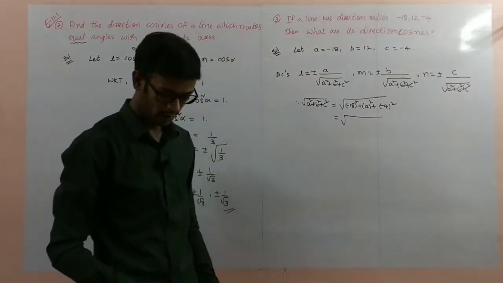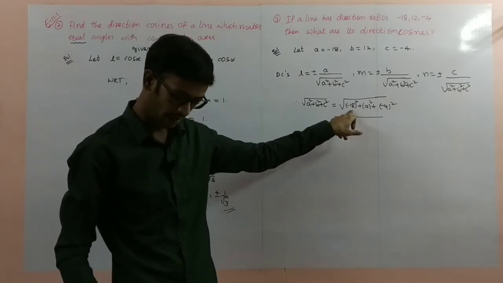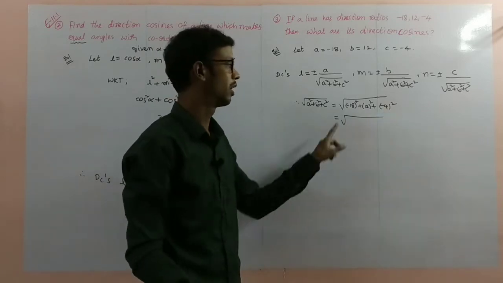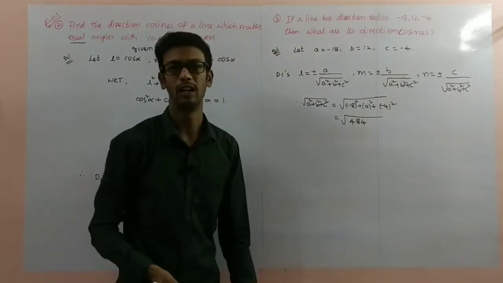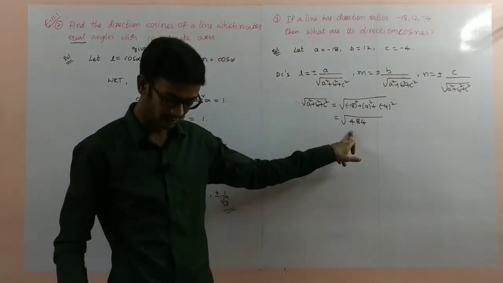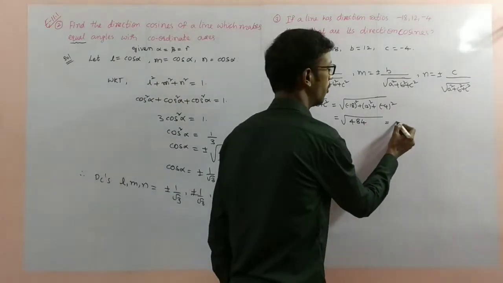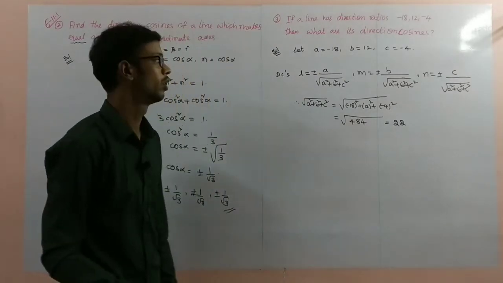Minus 4 square. So how much will you get here? 18 square plus 12 square plus 16. Total it will become 484. If you simplify, the result is square root of 484, which is nothing but 22.